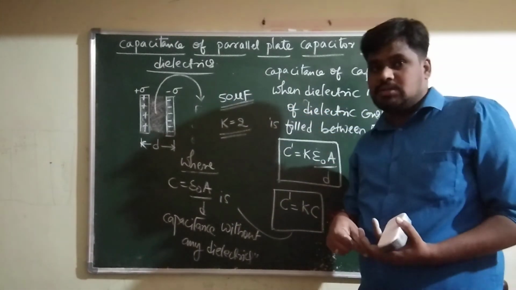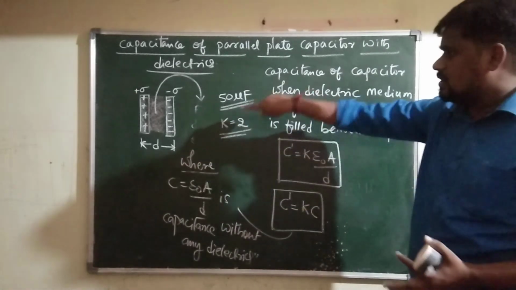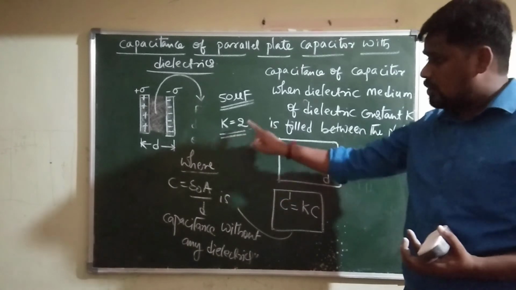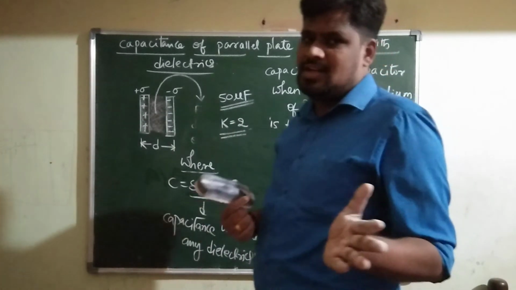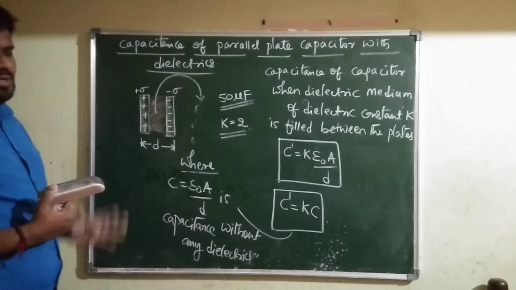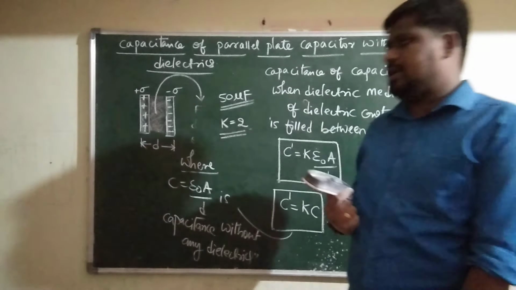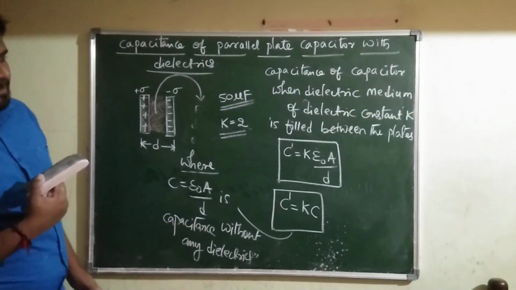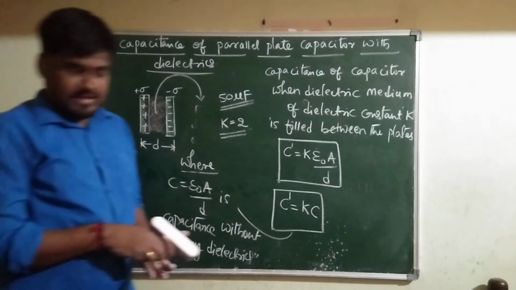The capacitance in air was 50. With a dielectric of constant 2, the capacitance will be K times the initial capacitance. The value of K is 2. 2 into 50 is of course 100 microfarad. So in general, whenever you use a dielectric medium between the plates of a parallel plate capacitor, its capacitance increases.